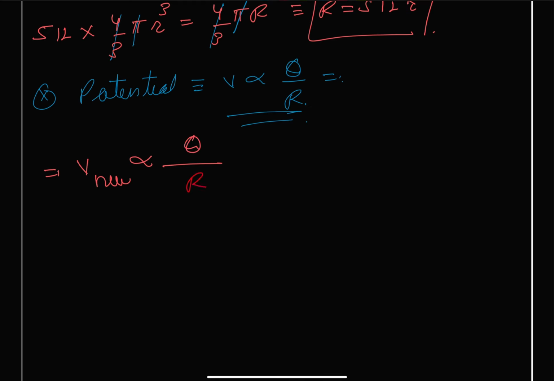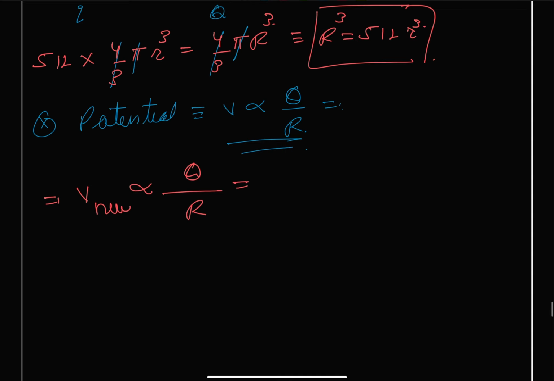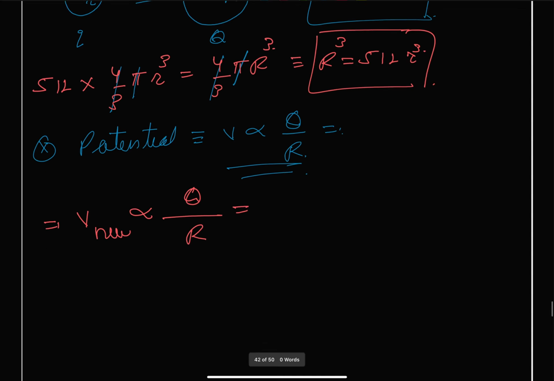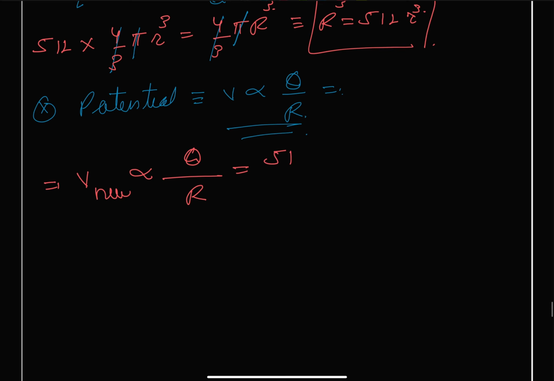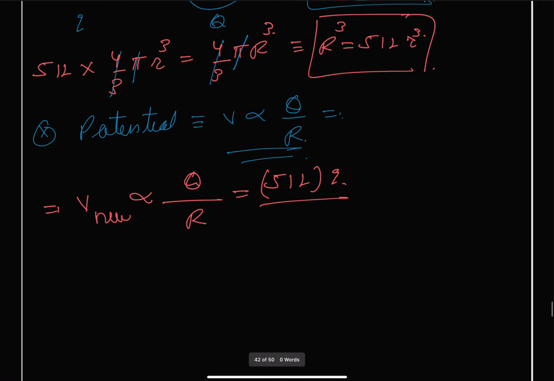We already know the relationship: capital Q is 512 times small q, and this also we have here small r, and this we have 512 upon 1 by 3.